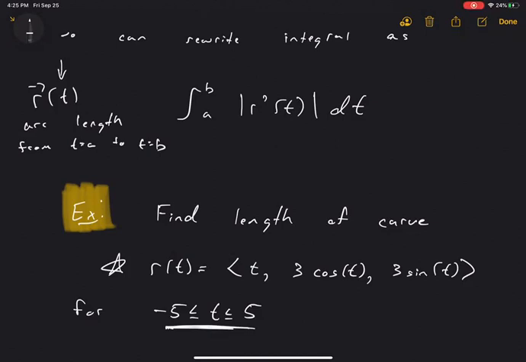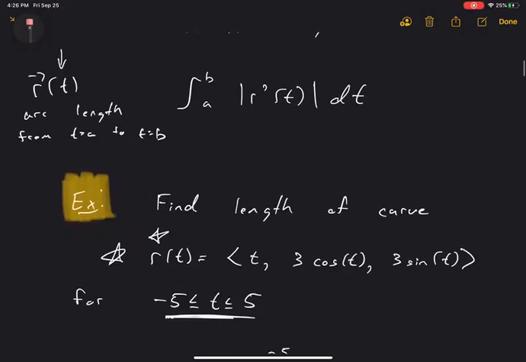Maybe my starting point would be, I plug t equals -5 into my function. That's going to give me some point in R3. That's going to be my starting point. And then t equals 5 will give me my endpoint. So using this formula above, try on your own and find this arc length. Pause, and then I'll talk about it now, assuming you've done it.